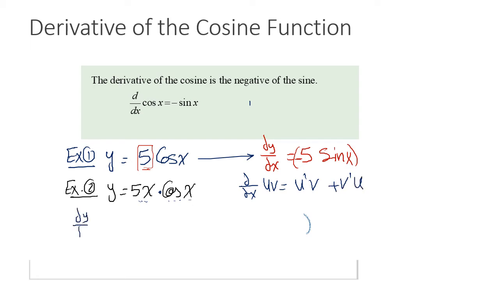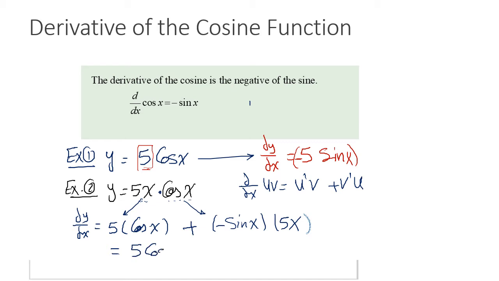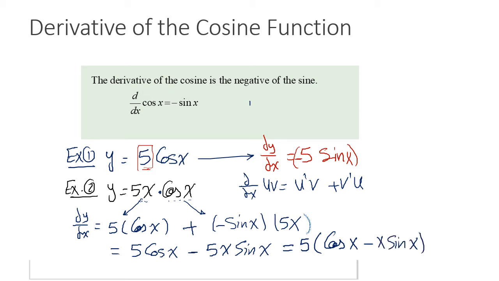So dy by dx is equal to the derivative of the first, which is 5, multiplied by the second, plus the derivative of the second, which is negative sine x, multiplied by the first, which is 5x. So this can be written as 5 cosine x minus 5x sine x. Later, if you simplify more by taking 5 as a highest common factor, it's going to be 5 times cosine x minus x sine x. And this is the simplest form of dy by dx, or the derivative of y.